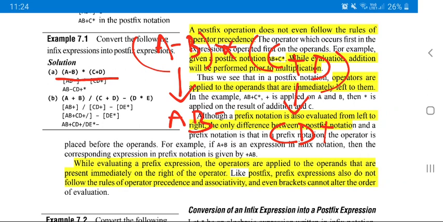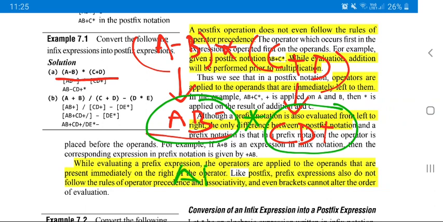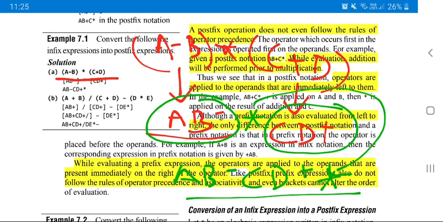Now the two operands are multiplied. How to write that? AB minus, CD plus, then write the operator here, star. See the answer: AB minus CD plus star.